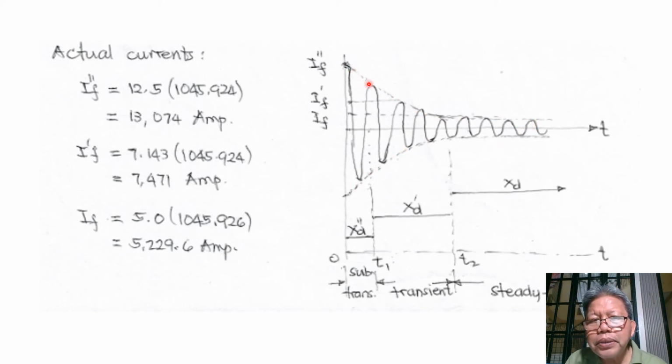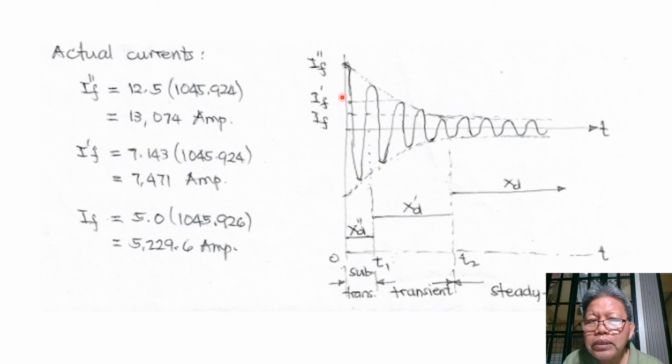So the value here is our subtransient fault current IF double prime, and the value of the fault current here, at 3 to 6 cycles, is our IF prime, the transient current. For the subtransient fault current, we have the reactance of our generator, which is XD double prime.